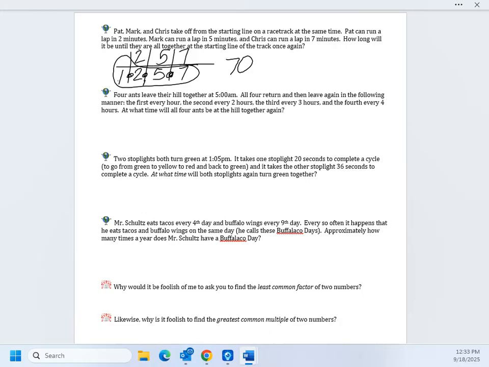Ellie? Minutes. Now I need to look, and what is my question? How long will it be until they are all together at the starting line of the track once again? In 70 minutes. That actually answers my question.